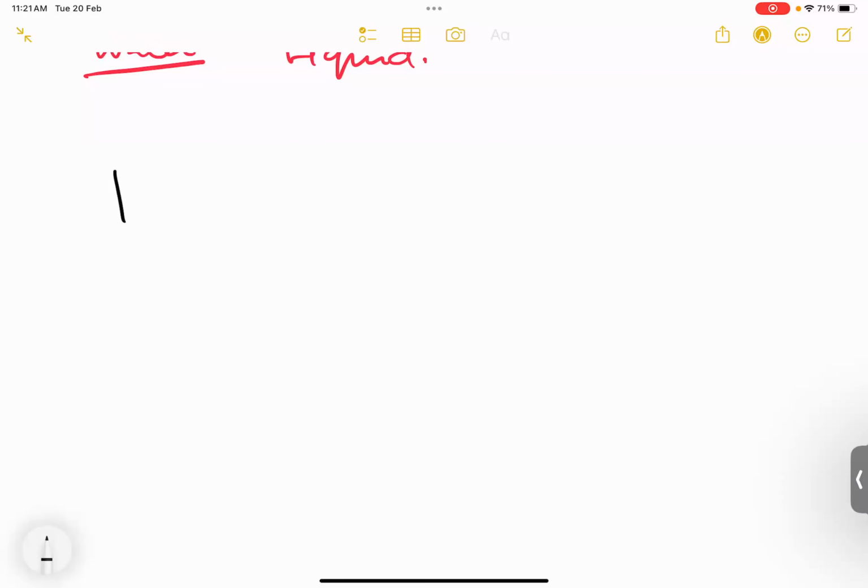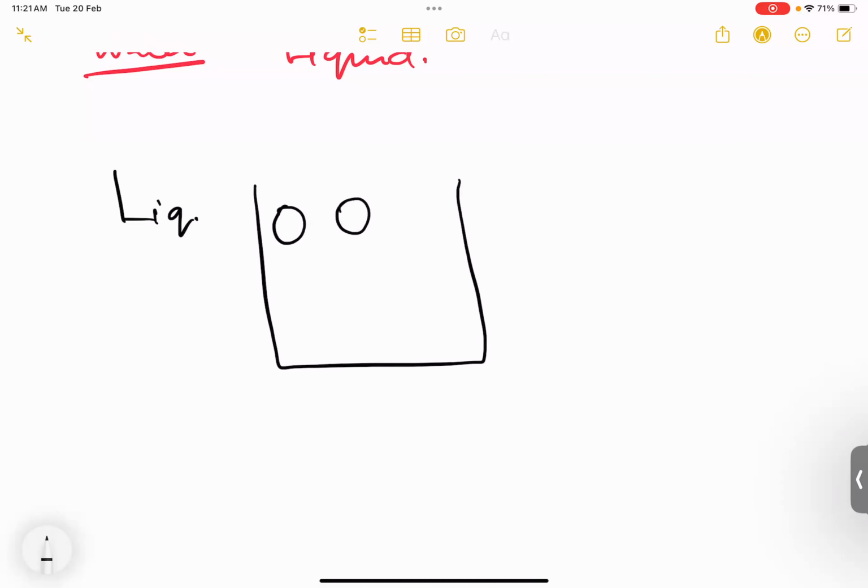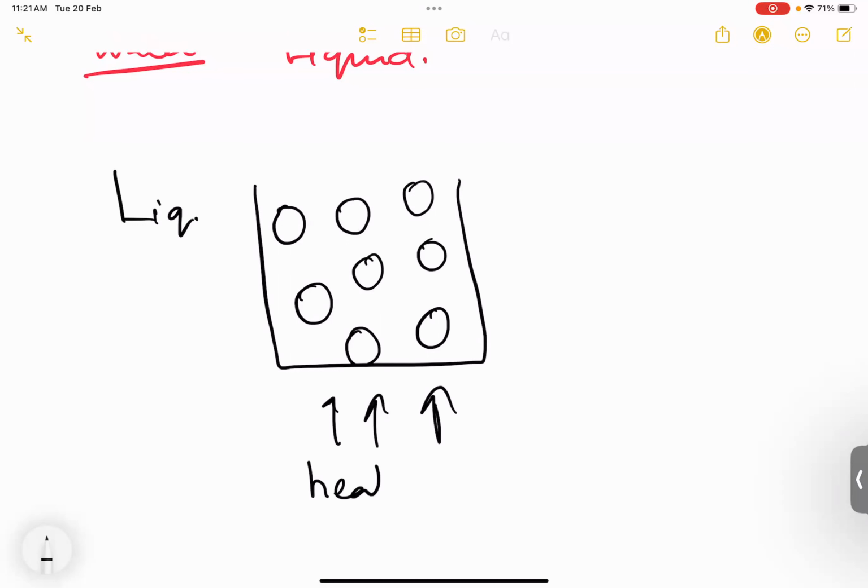These are the atoms, where you see a lot of air spaces also. As soon as I heat it up, what happens? When I heat, all the atoms gain some energy and then they start moving here and there. The arrow shows the transfer of heat to these atoms.